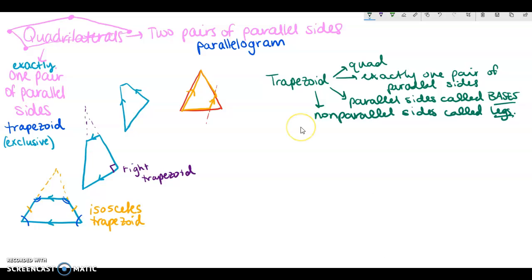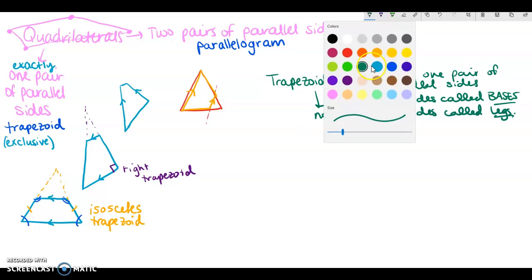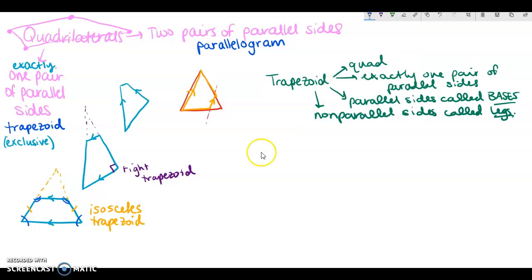The main thing that you're going to have to think about is that with any trapezoid, you have the bases being actually two parallel lines, right?